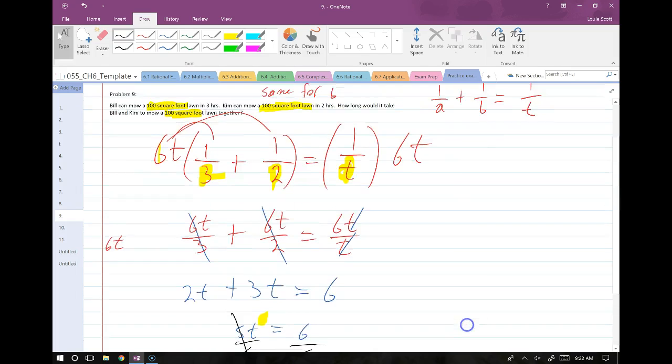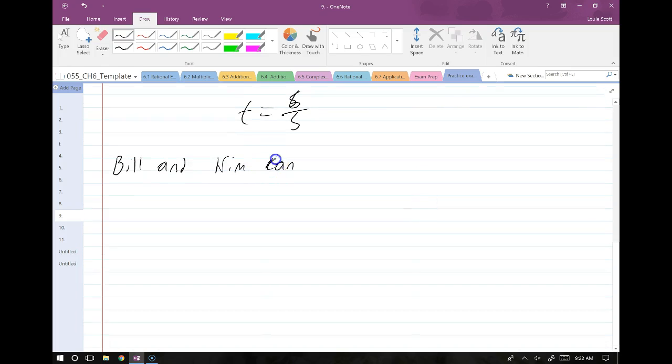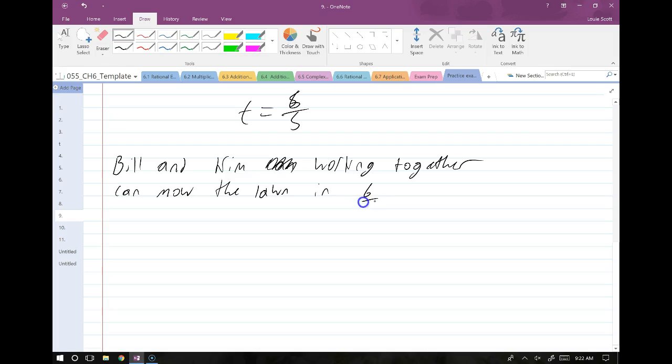And so what you would say on this one is, let's see now, Bill and Kim working together can mow the lawn in 6/5 of an hour.